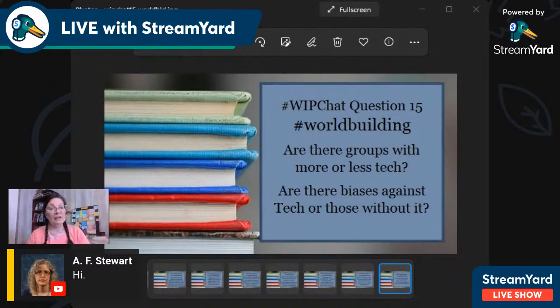And there are biases. There are biases against the people who don't stand in line for 12 hours to get the absolute most recent, currently this minute's release of the iPhone. And then there are those of us who are like, look, I still have a flip phone. So the bias for or against technology adds a layer of conflict into your world that deepens your world build.